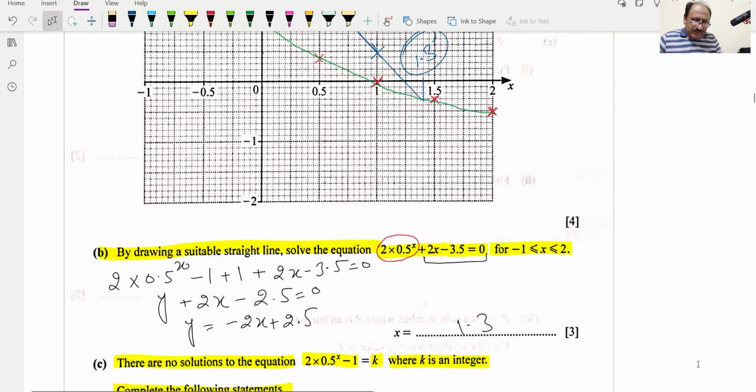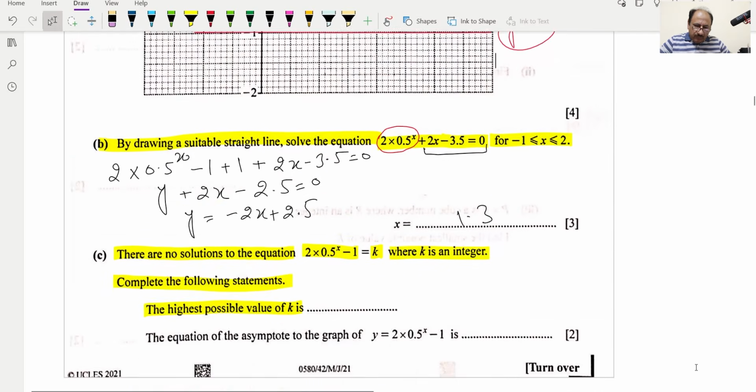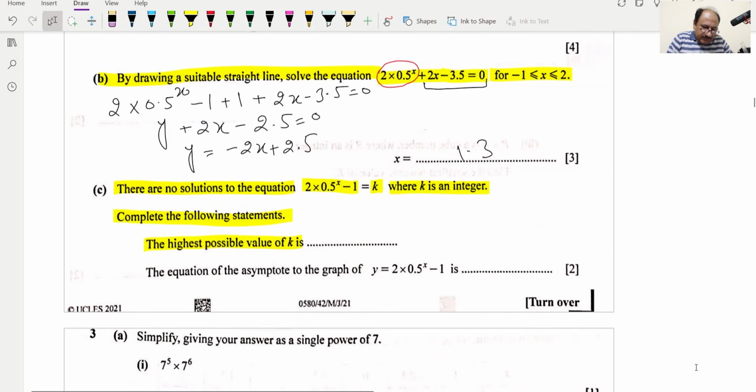So k as an integer is basically this line. The integer value will be with this one, because above this will be 0, which is having 2 solutions. So y is equal to -1, this is the line. So we can write the highest possible value of k is -1.